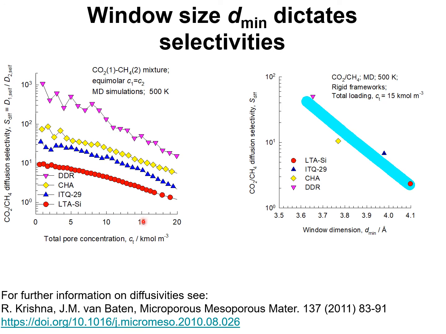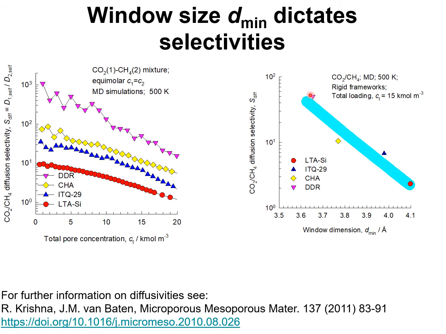For a pore concentration of 15 kilomole per cubic meter, the diffusion selectivity values are plotted against the window dimension d min, and we can see a reasonable correlation between the diffusion selectivities and the window dimensions for these 4 cage-type zeolites.